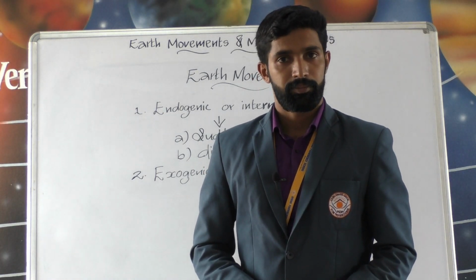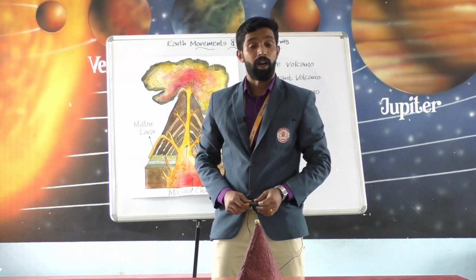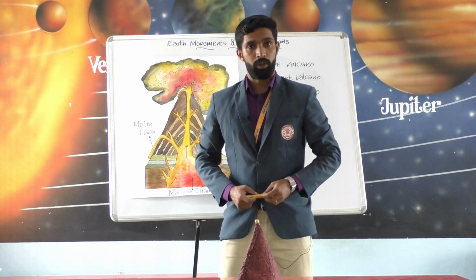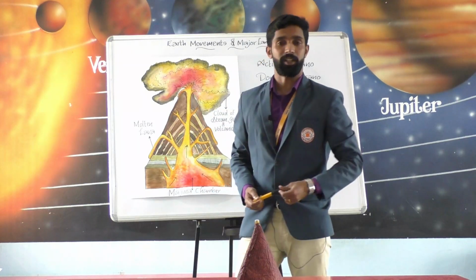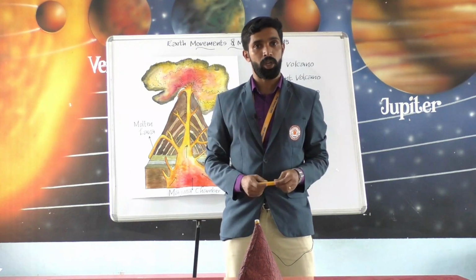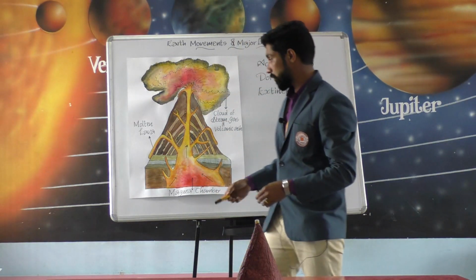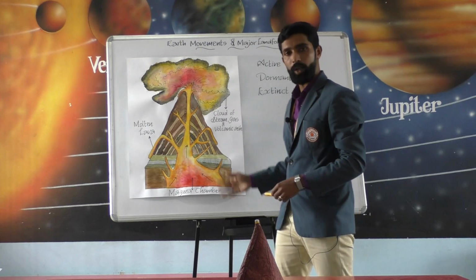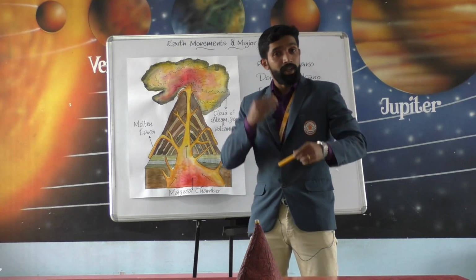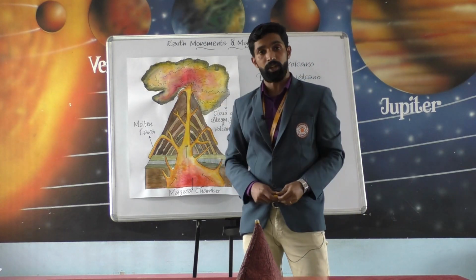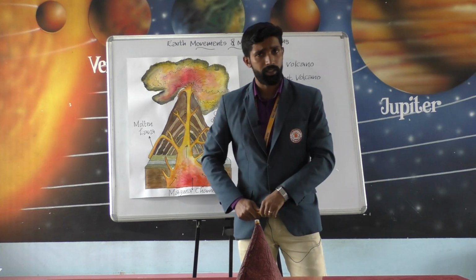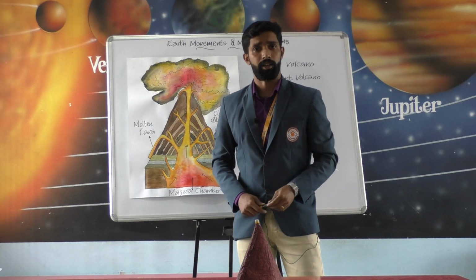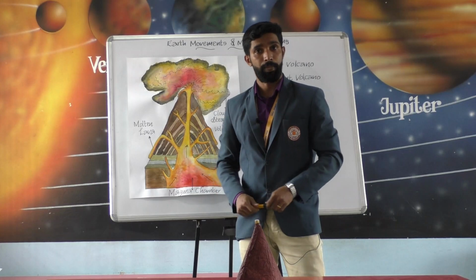Right? So now our next topic is volcano. A volcano is an opening in the earth's crust through which magma comes out onto the earth's surface. You can see the diagram of a volcano. Once the magma reaches the earth's surface, it is called lava.